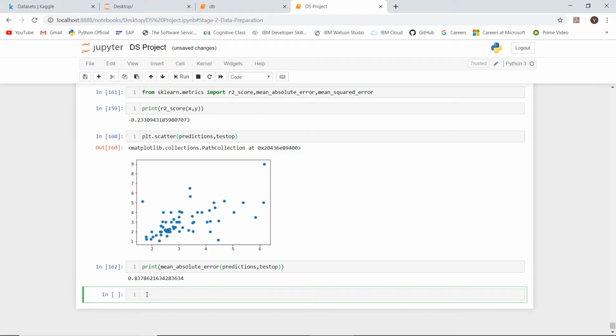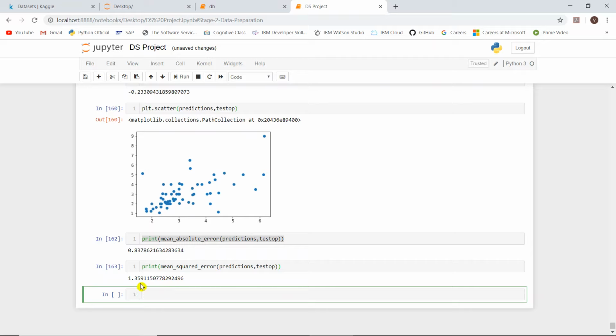Okay, and then same like that we need to get the mean squared error of these two, that is the predicted target variable and the actual target variable. So how much error is there, it will show. So 1.35.